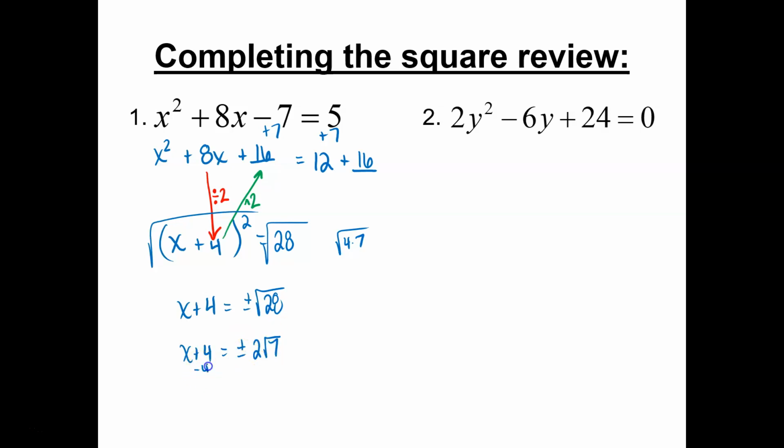And then we would need to subtract that 4. So x would equal negative 4 plus or minus 2 square root of 7. Okay, questions?